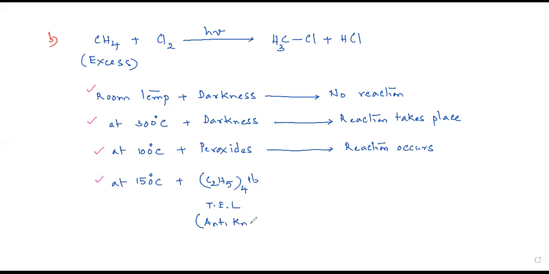Knocking is explosion, and an anti-knocking compound prevents explosion. Even in this case also, reaction takes place. Okay. So this is all about the reaction of methane with chlorine. The first one is when chlorine is in excess. The second one is when methane is in excess.